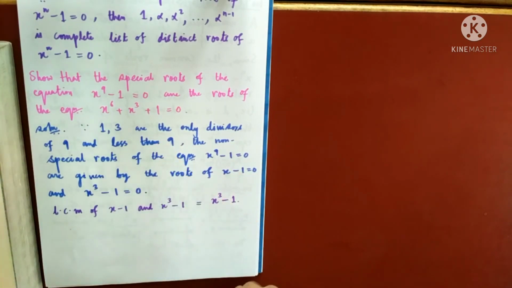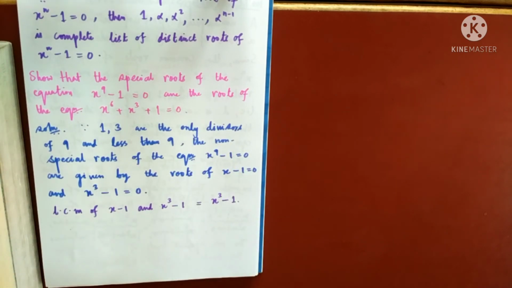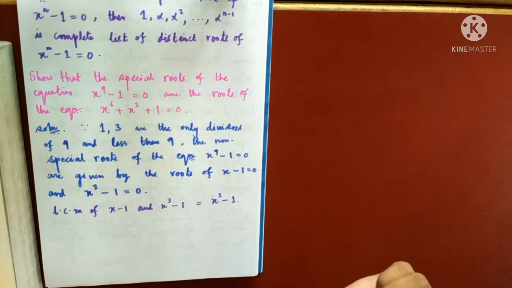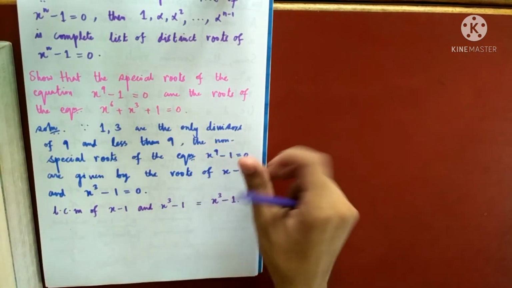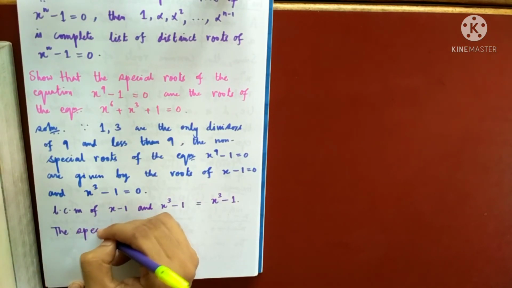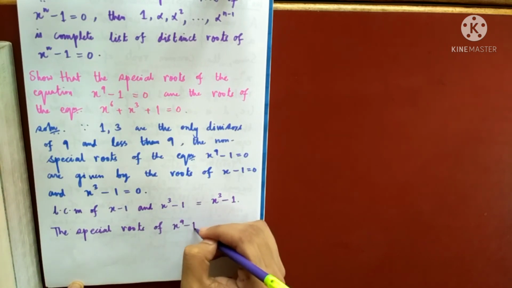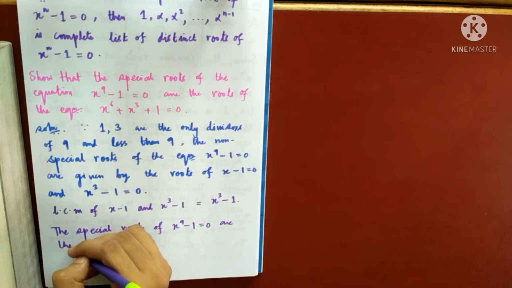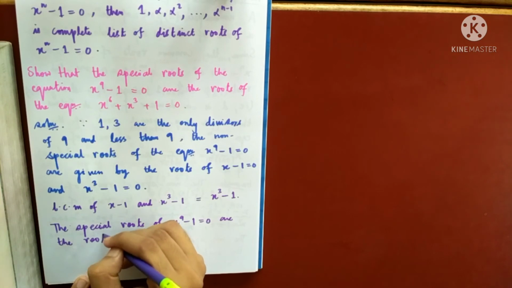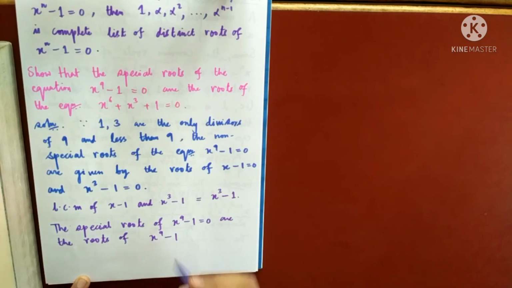That means the non-special roots of this equation are precisely the roots of this equation. That means if I divide this by this, I will remain with the roots which are the special roots of this equation. That means the special roots of x to the power 9 minus 1 equals 0 are the roots of x to the power 9 minus 1 divided by this one.